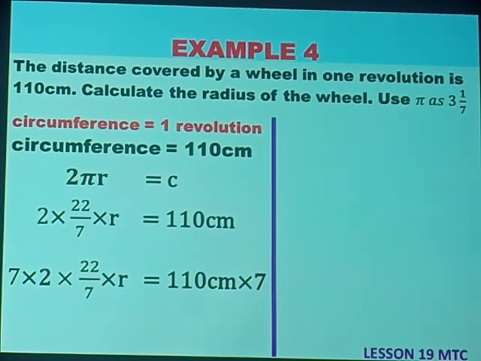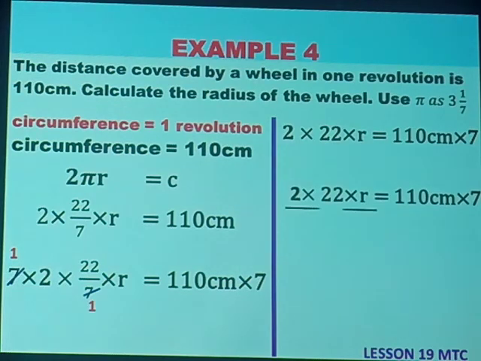At this step, we shall cancel. 7 into 7, we come up with a 1. Our next step, we shall have 2 times 22 times r, our radius, equal to 110 centimeters times 7.